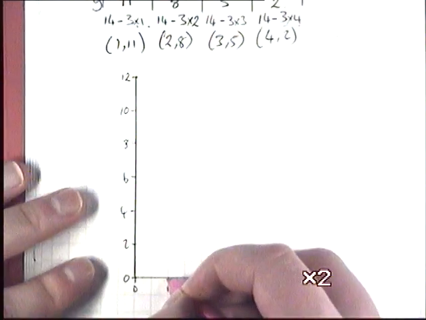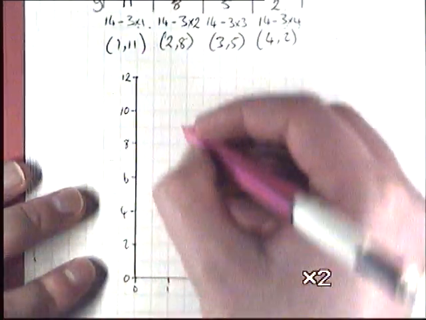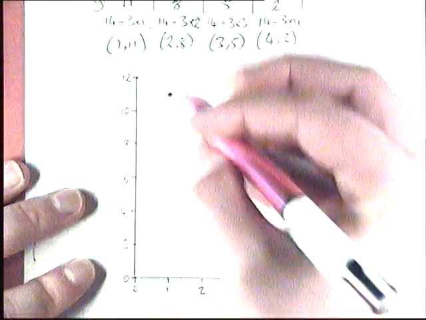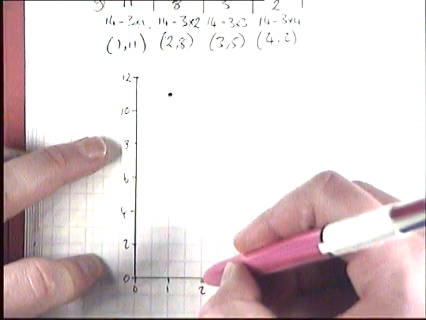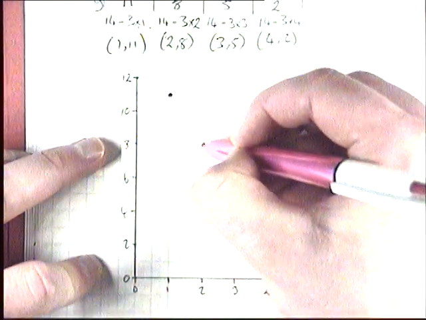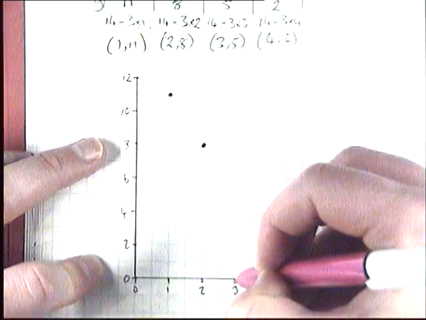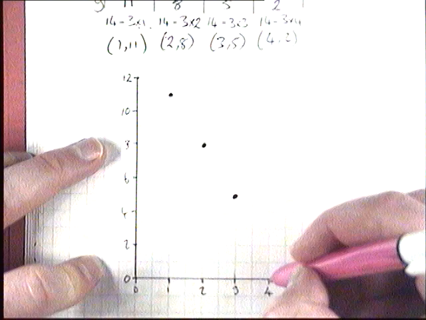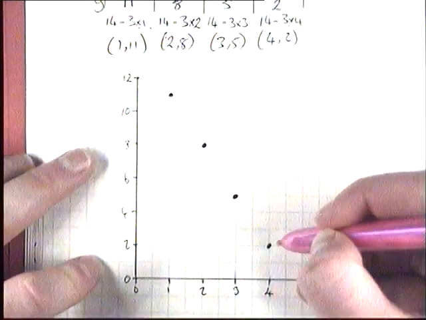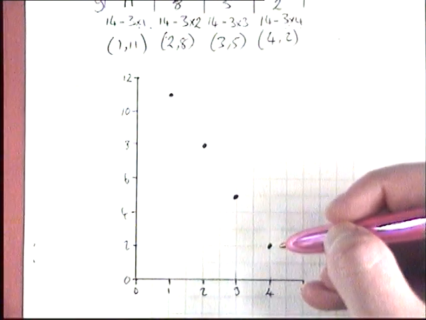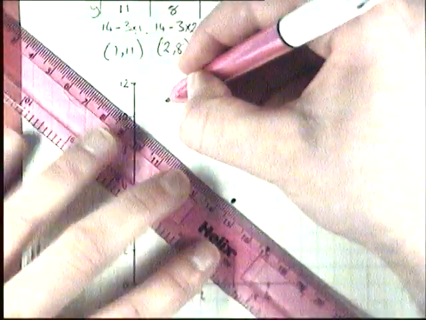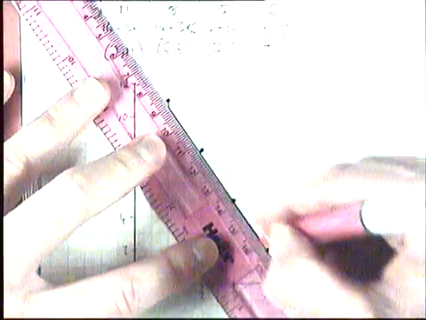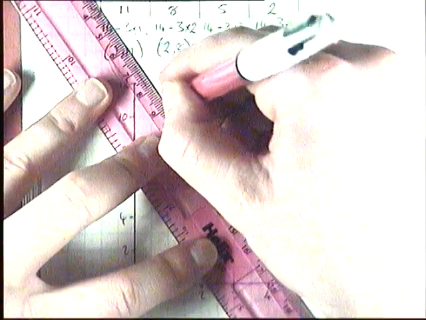So 1, 11 is up here. 2, 8, 3, 5, and 4, 2. Join those up with our nice straight line right to the edge of our axes again.